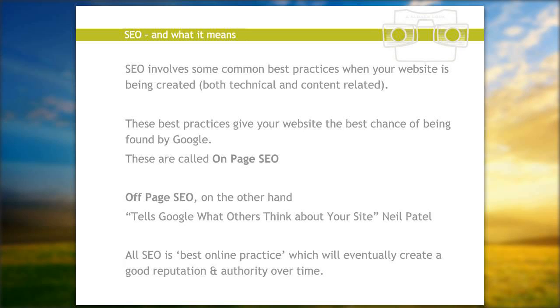So while on page you have complete control over, or you should have, off page is more like, well, are other people linking to you? Do they think you're pretty good? But all in all search engine optimization is best online practice, which will eventually create a good reputation and authority over time. And the thing to understand about search engine optimization is that it's not an instant fix. It's kind of like the tortoise and the hare.